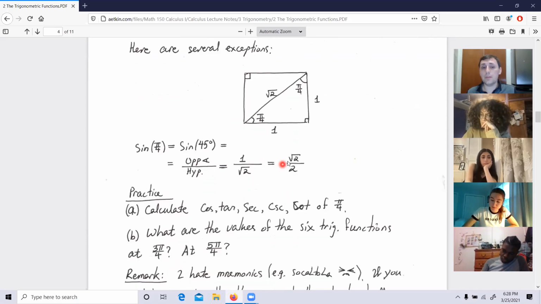Now, please help me with the following calculation, guys. Please calculate what is tangent, secant, cosecant, cotangent of pi over 4. Very rapidly, tell me, please, what is tangent of pi over 4 and what is secant of pi over 4.